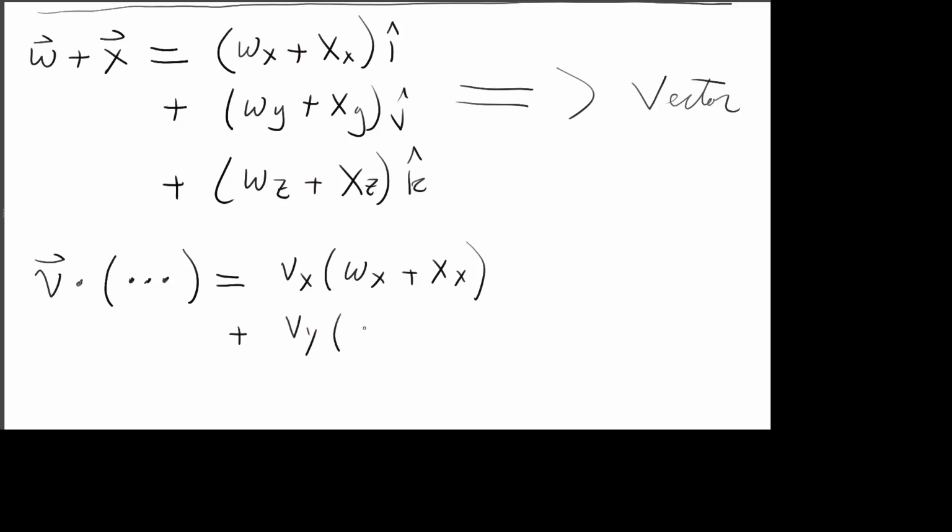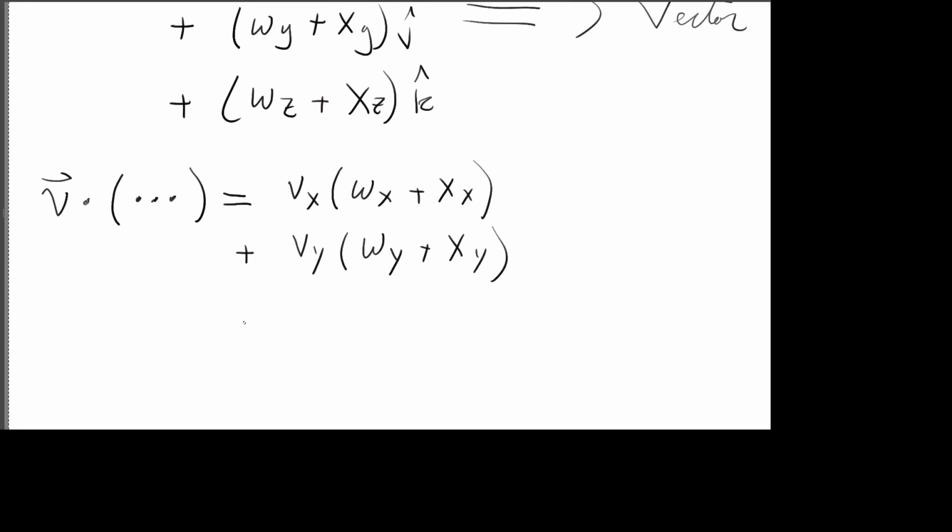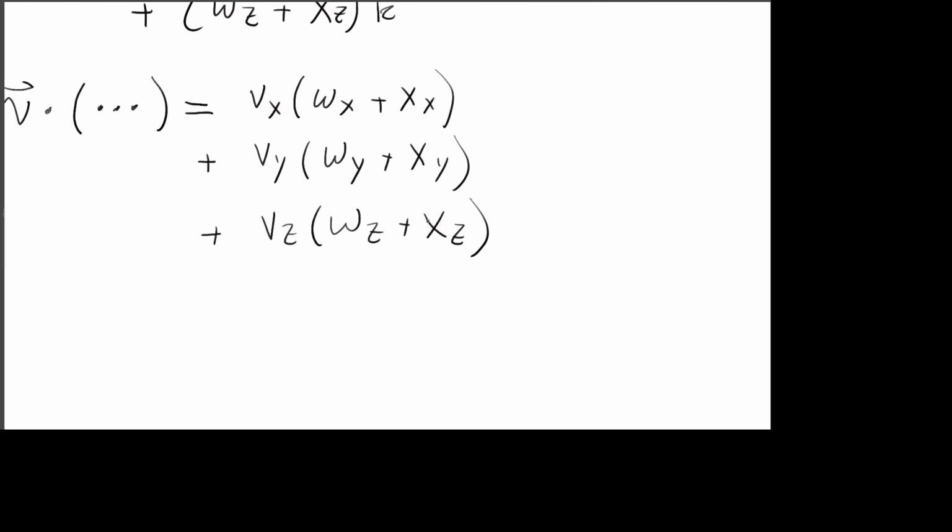And our second part of that scalar, which is the sum of 3 terms, will be wy plus xy times vy, and then vz times wz plus xz.